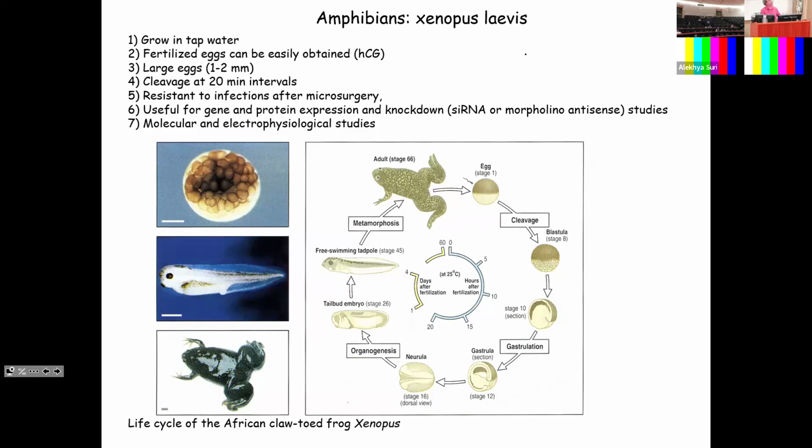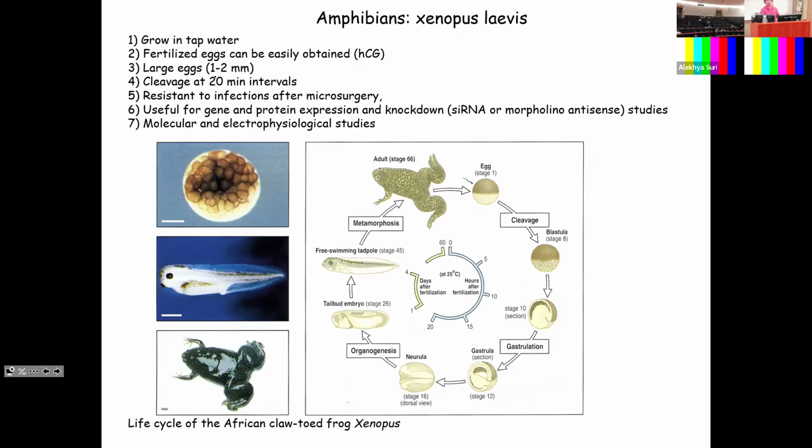The frog is being used as a model organism. And the reason is because the embryos or the eggs can grow in tap water, you cannot make it easier than that, okay? It gives rise to fertilized eggs that can be easily obtained by adding chorionic gonadotropin, if you wish, okay? You can stimulate them to fertilize.